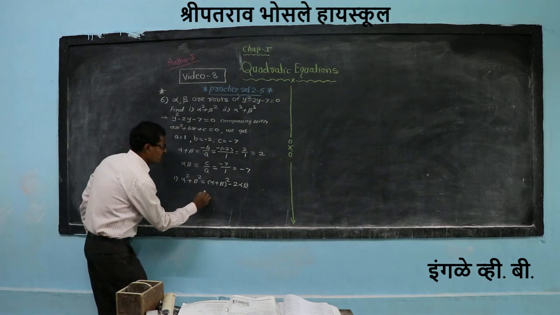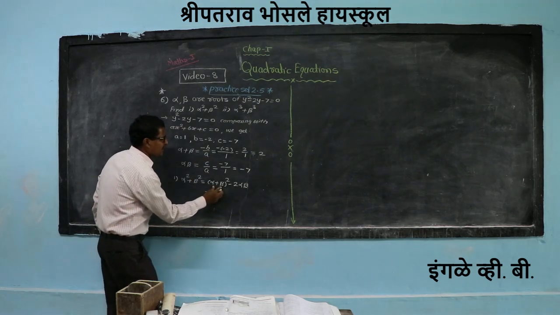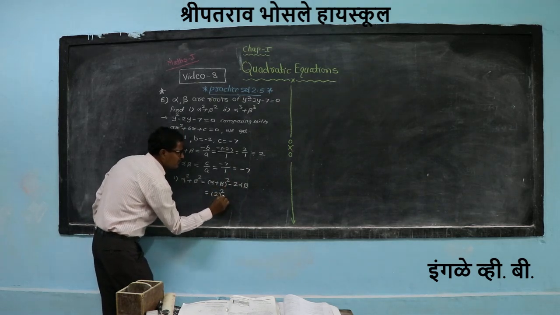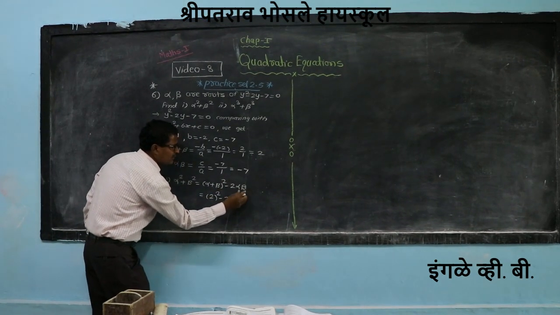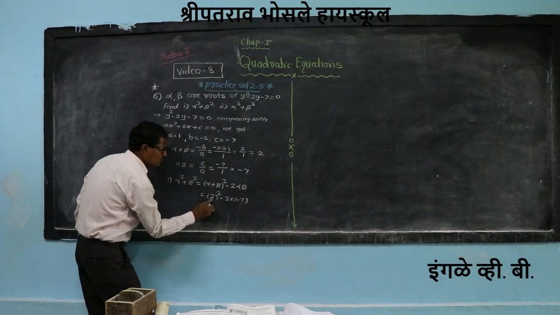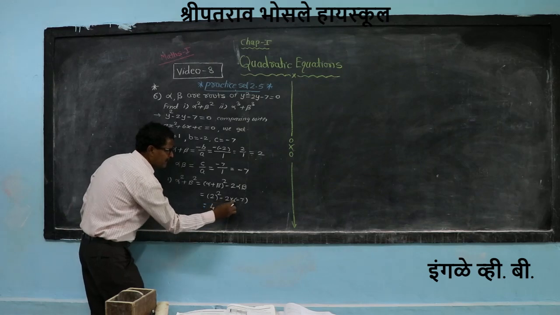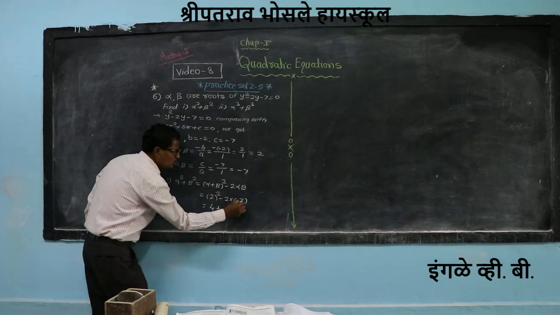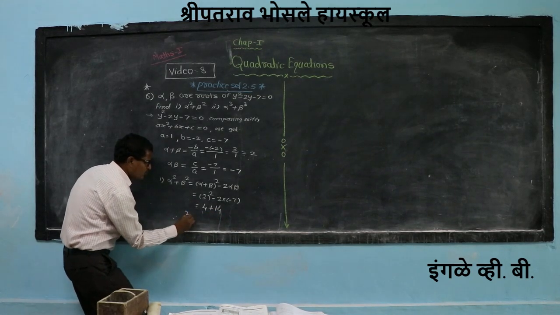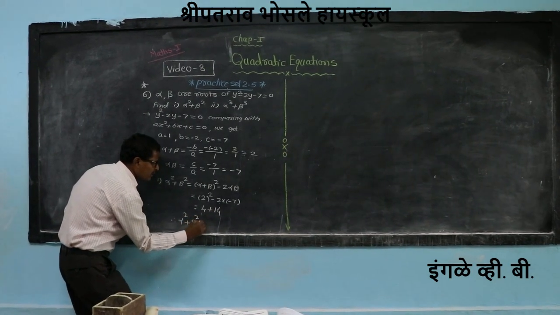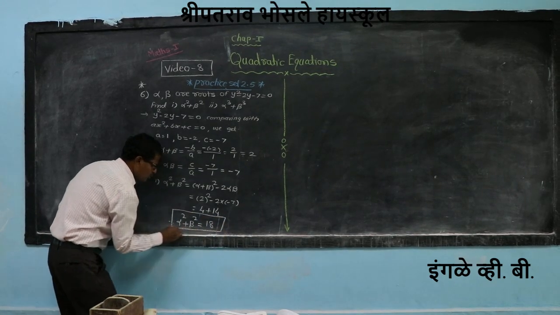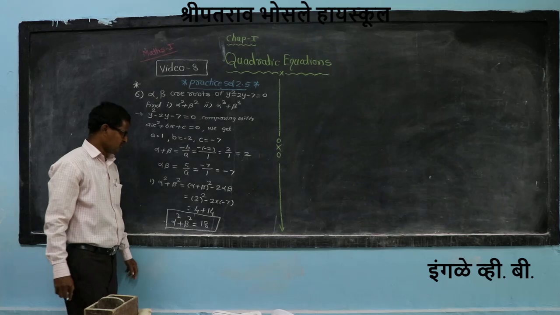Now put the values: alpha plus beta is 2, square, minus 2 into alpha beta, which is minus 7, is equal to 2 square, 4, plus 14. Therefore alpha square plus beta square is equal to 18. This is the value of alpha square plus beta square.